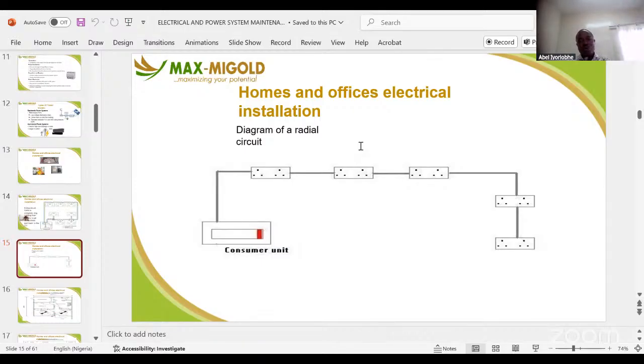So there is no looping in this kind of installation. Though the initial cost is very, very expensive, in the long run, you are saving costs. So that's why you need to get involved. If you're employed as a facility manager, you're also a project manager, you have to ask questions. What kind of installation are you doing? You have to know why they are doing this kind of installation.